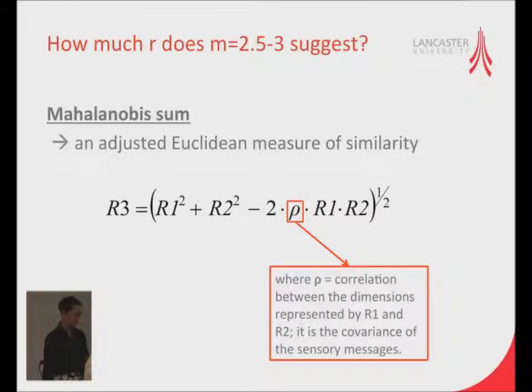It has a parameter called rho, and rho represents the correlation between the dimensions represented by R1 and R2. So this is how correlated R1 and R2 are. If R1 and R2 are not correlated, rho would be 0, and if you replace rho by 0, you just end up with Euclidean summation. But here it allows the possibility that the two dimensions may not be completely uncorrelated.